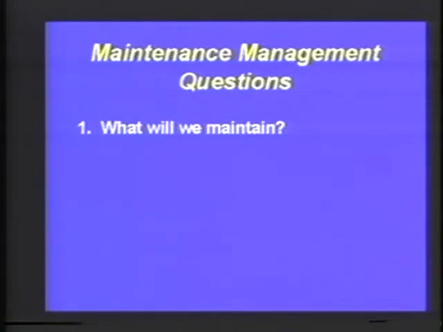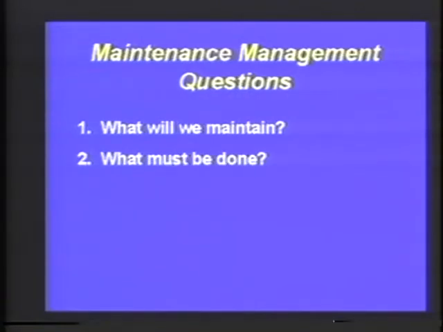Now, we're going to talk about the questions here, and I'll make some comments as we review these particular questions. First of all, what will we maintain? That is really that arrow that came out of the preceding page from Module 7 up to Module 1. That's addressing the input into the maintenance management program.